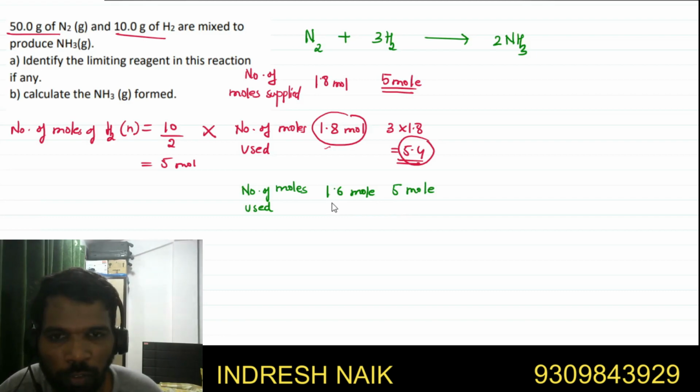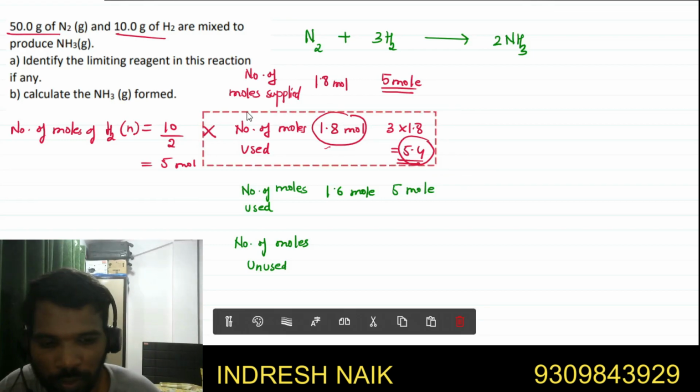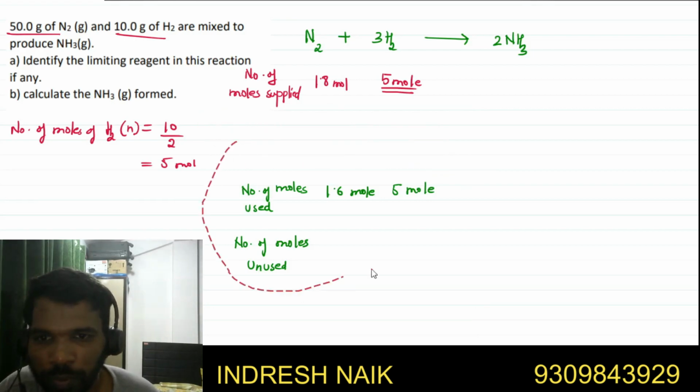That is one third of 5, which is 1.6. So what will be the number of moles unused? I'll clean this part because this relation was not correct. You can just make a note of this. I will get some space over here.